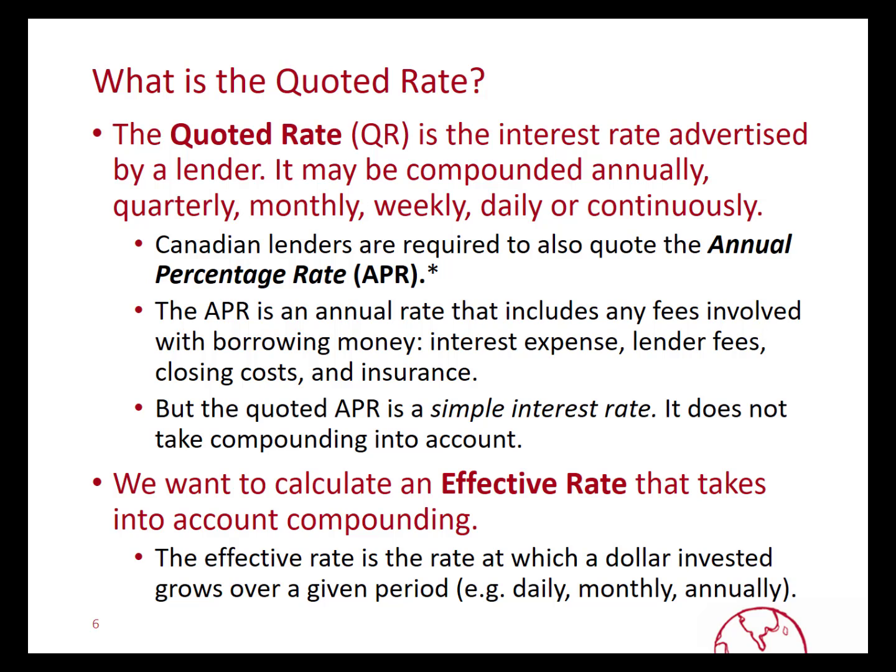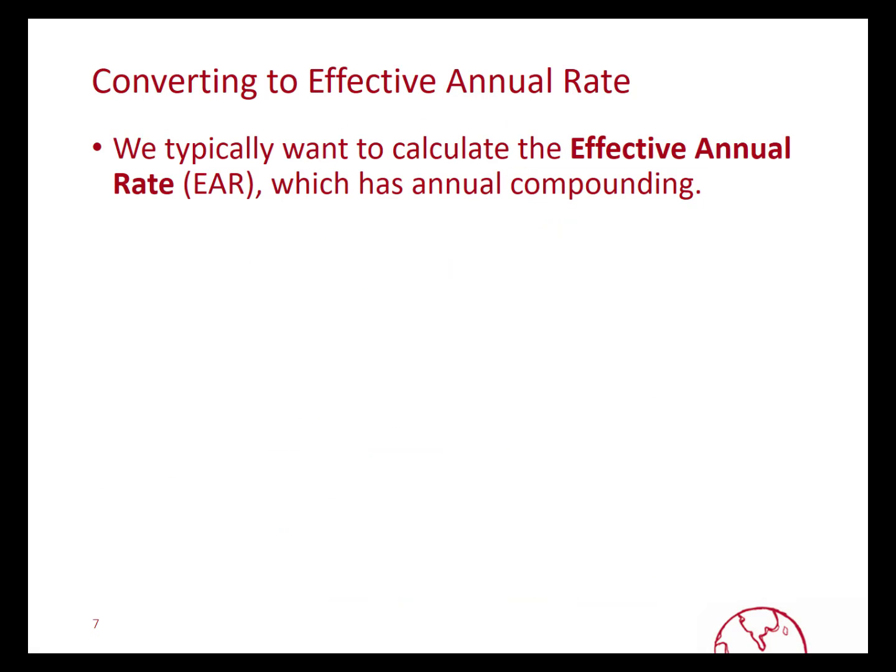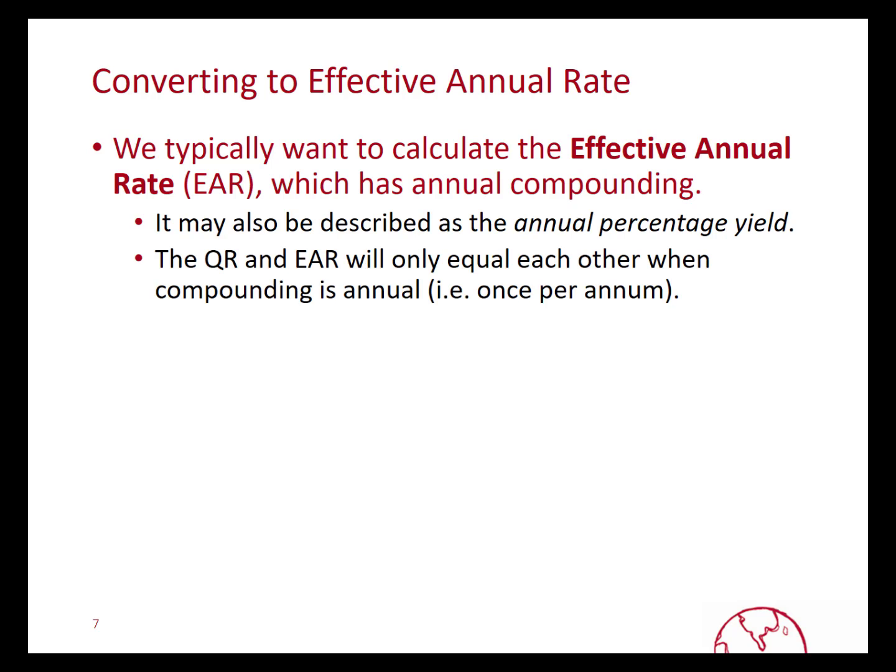So the effective rate is the rate at which a dollar invested will grow over a given period, say daily, monthly, or annual. Let's start by converting to an annual rate, or an effective annual rate, EAR, where we know that there is one compounding period per year.